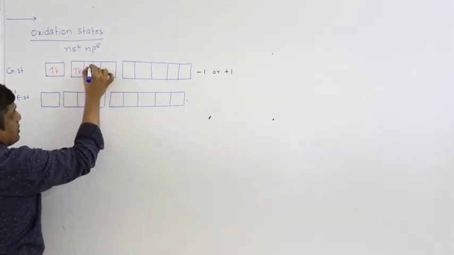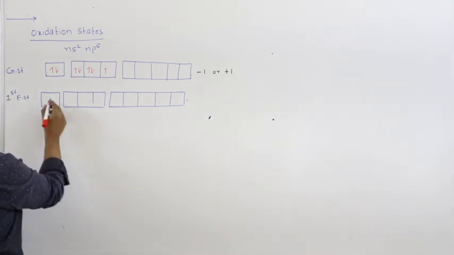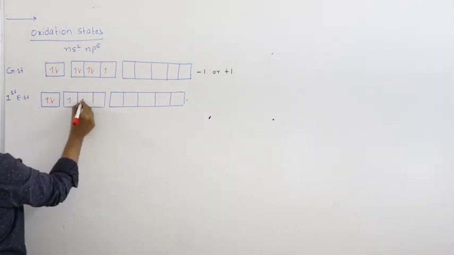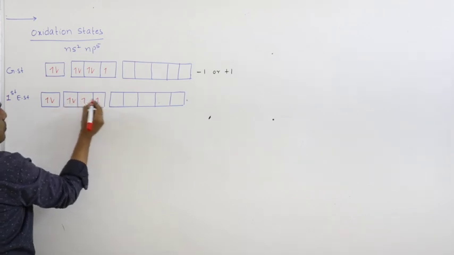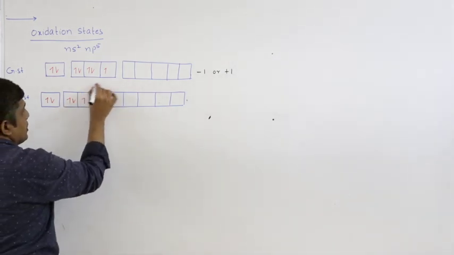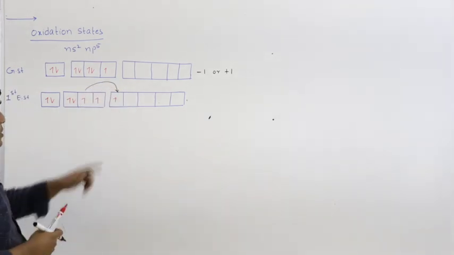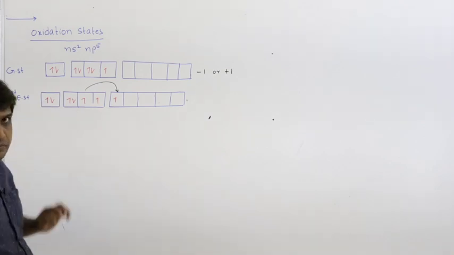So this is the paired electron that is promoted to the next higher energy level. So the electron is promoted from here to here. Now you can see there are 3 unpaired electrons, 1, 2, 3.